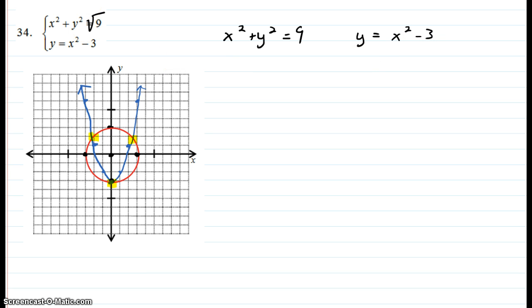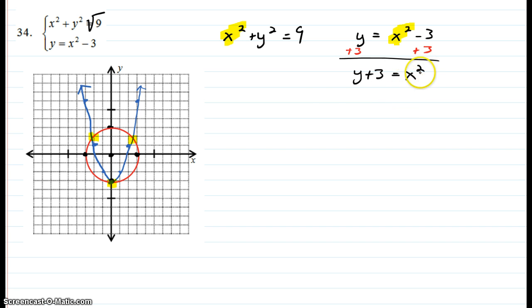And so one of the easy ways to solve this is, since this has an x squared and this has an x squared, I'll be able to replace them. So what I'm going to do is solve this equation for x squared. I want to add 3 to both sides. And so this gives me y plus 3 equals x squared.